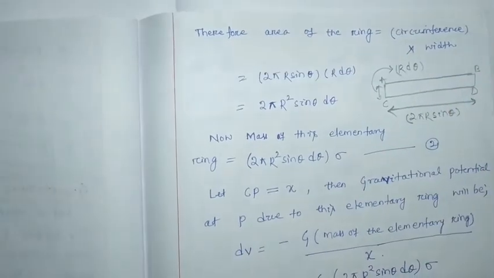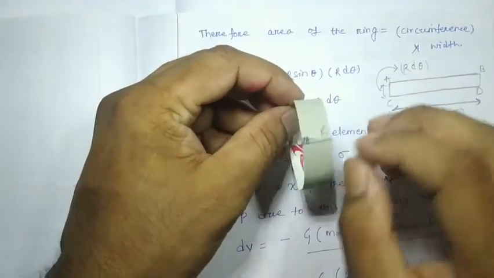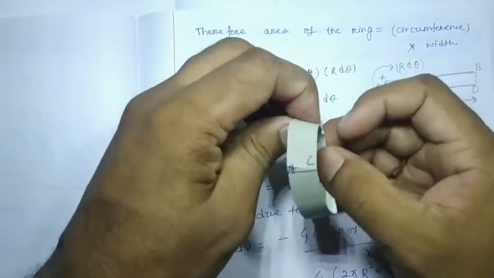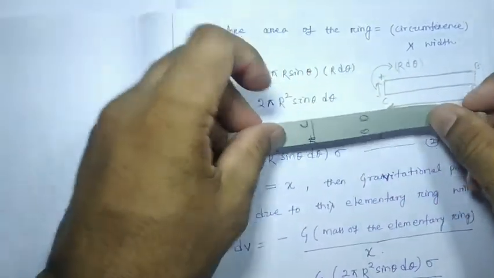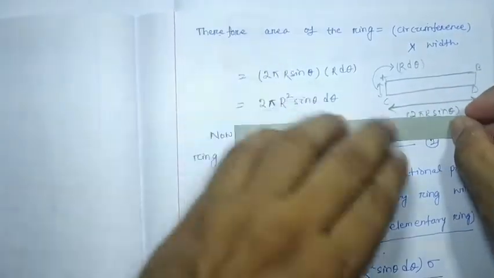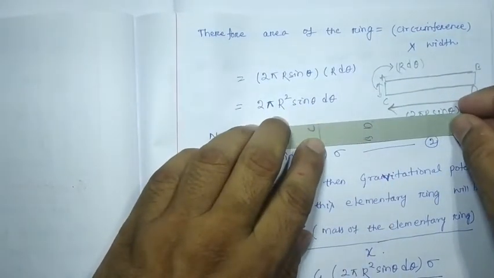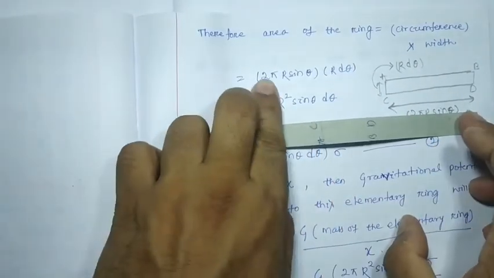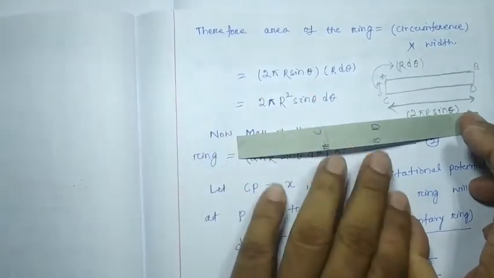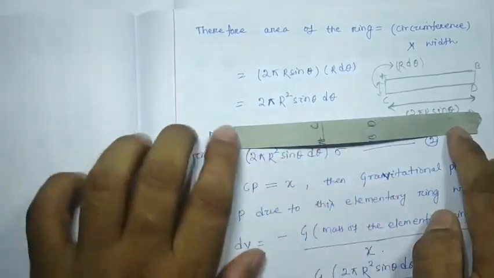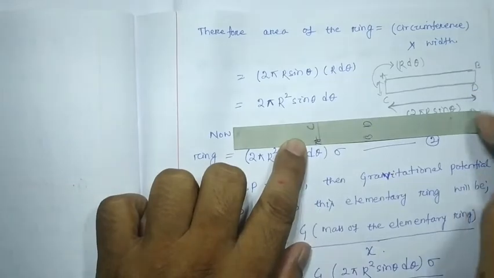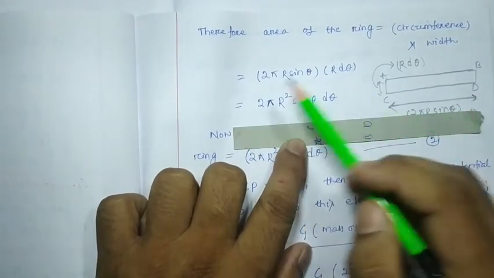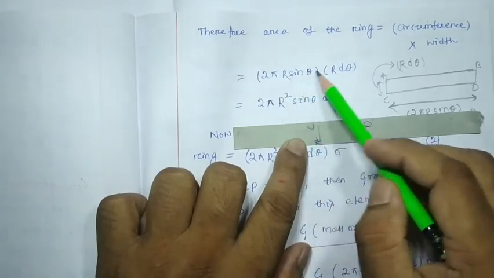I am going to show you. This AC is the width and this is your circumference. So you just cut like this and put like this. This thickness is nothing but r d theta. This total length is your 2 pi r sin theta. So the area of this rectangle will be length into breadth, right? Length is the circumference, 2 pi r sin theta.